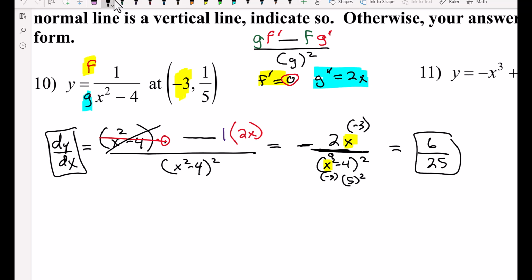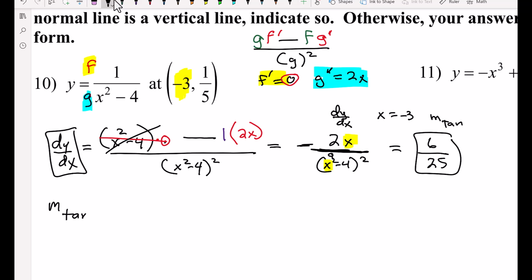So this is dy dx where x is equal to negative 3, we just found m tangent.